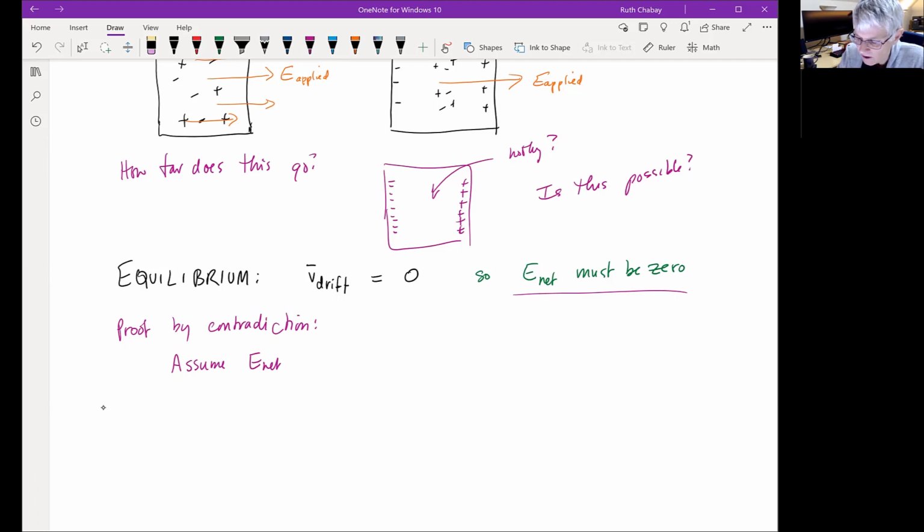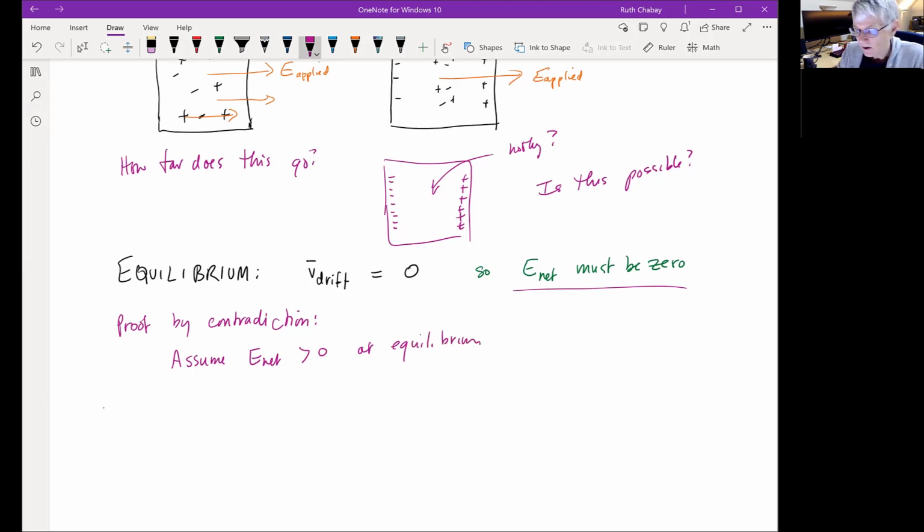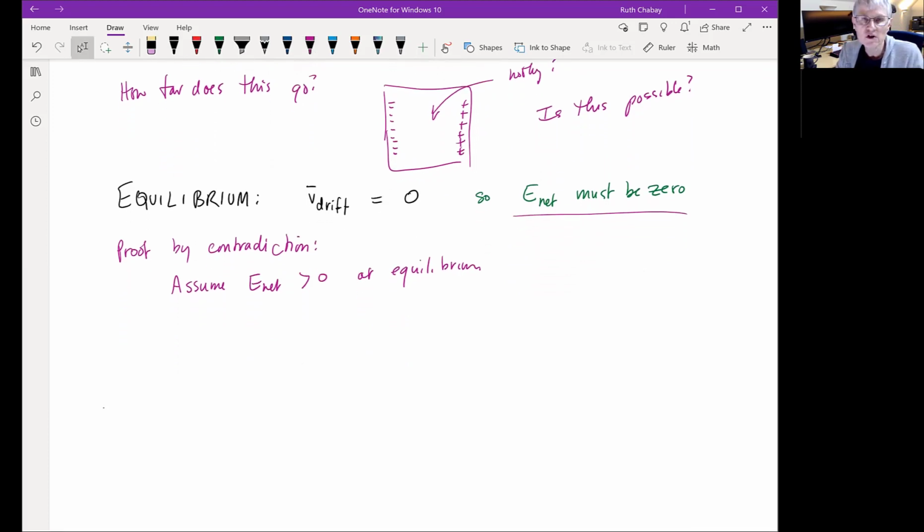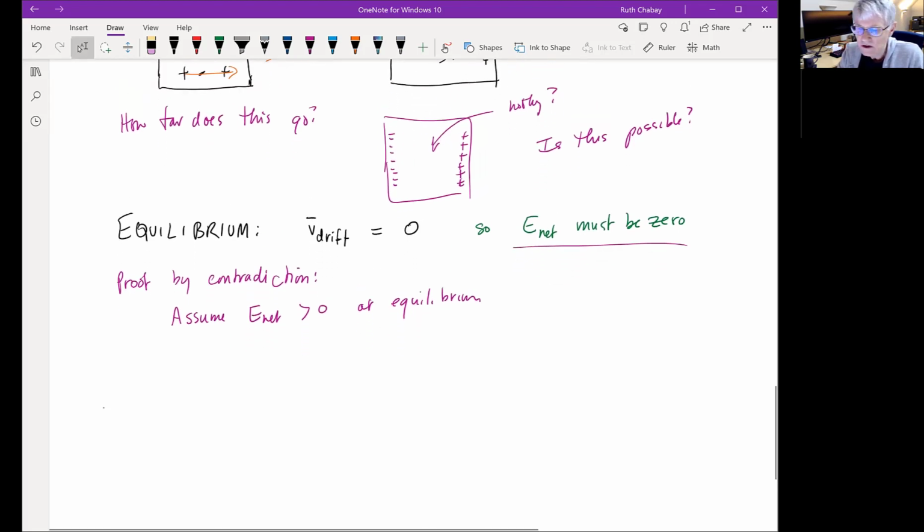I'm writing magnitude, so greater than zero at equilibrium. And then we're going to show that that's a contradiction of our definition of equilibrium. So we assume that the net electric field in there is greater than zero.